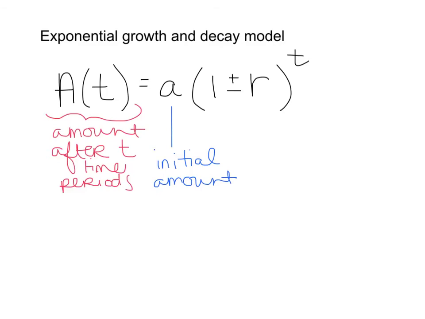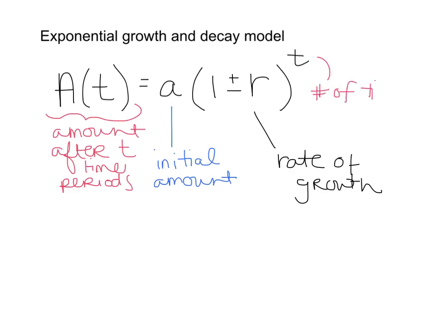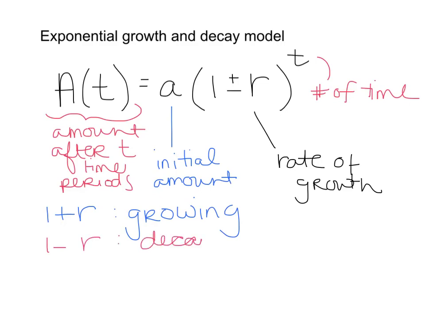R is going to represent your rate of growth. And t obviously represents time. The reason I wrote 1 plus or minus r is for these two reasons. It's going to be 1 plus r if you are growing, and then it'll be 1 minus r if you're decaying or if you're losing money.